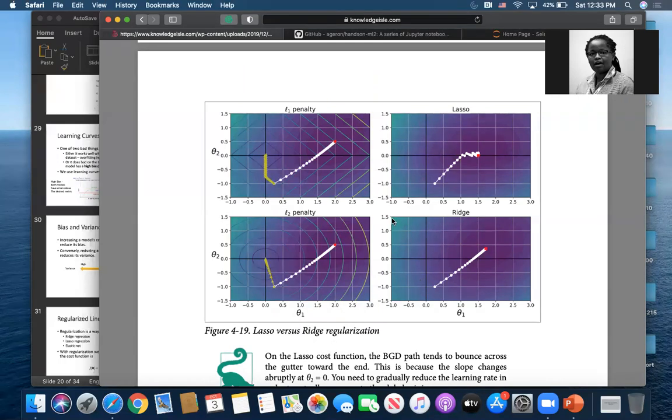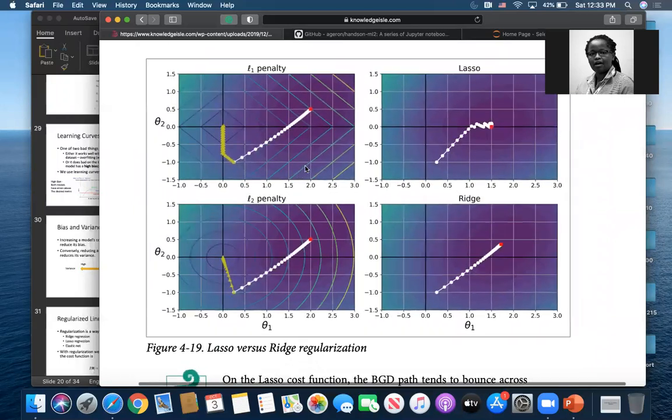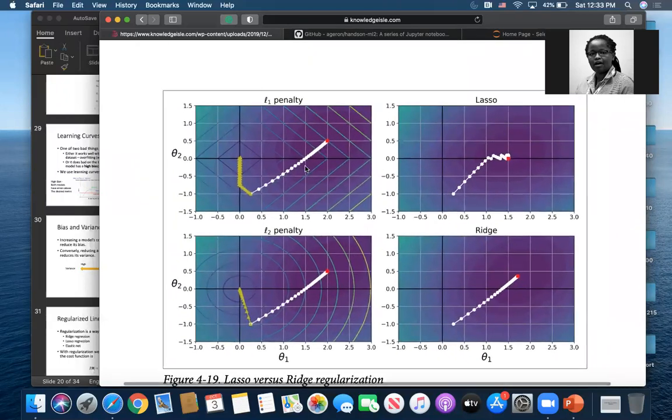If you draw a line connecting all those dots, you could think you're at the minimum, but you're not at the true global minimum. With this jumping up and down, he shows what regularization means and why it's important to use it.